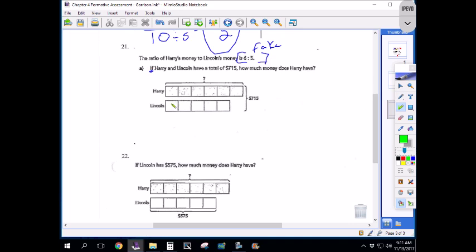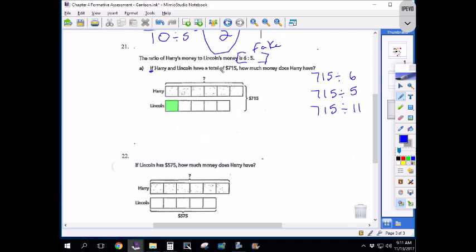So, remember, the goal to every single bar model that we're ever trying to do is we're trying to figure out how much one square is because they're all the same size squares, right? Everybody got that? So, we've got to figure out whether we're doing 715 divided by 6, 715 divided by 5, or whether we got to do it by the whole, which is divided by 11.